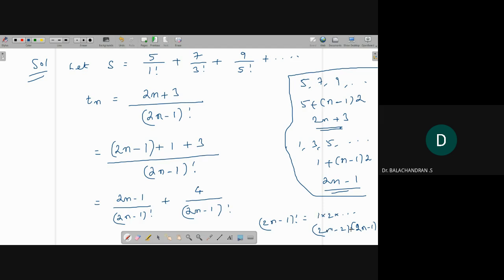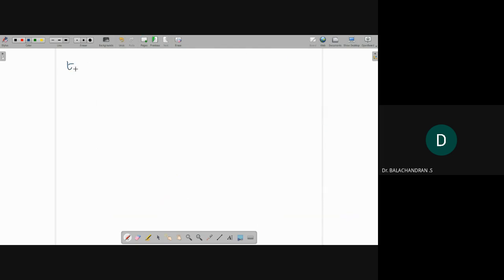So in the denominator we have 2n minus 2 factorial. So Tn equal to 1 by 2n minus 2 factorial plus 4 divided by 2n minus 1 factorial. So this is your Tn.